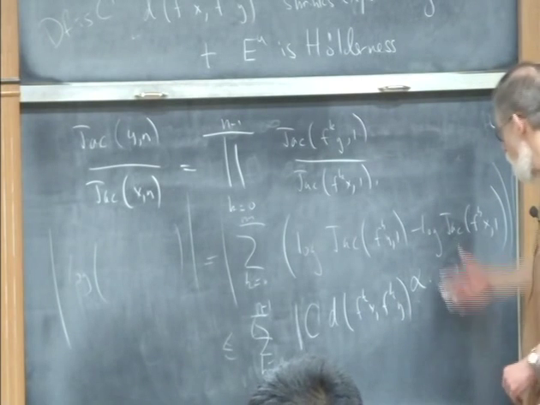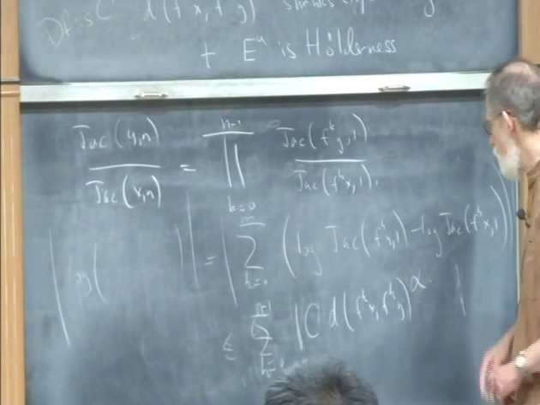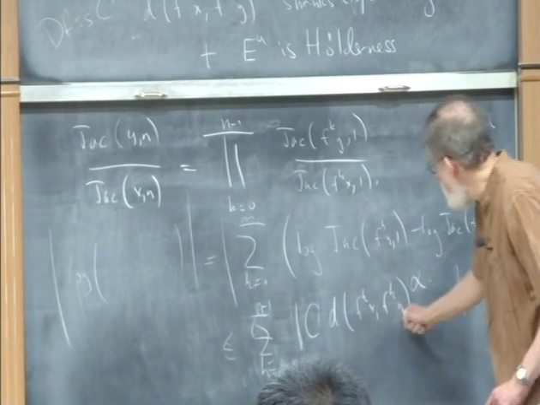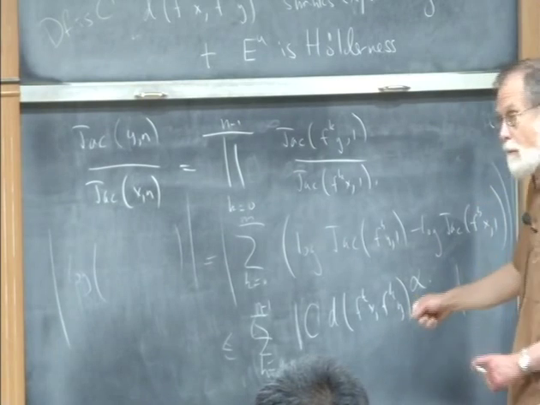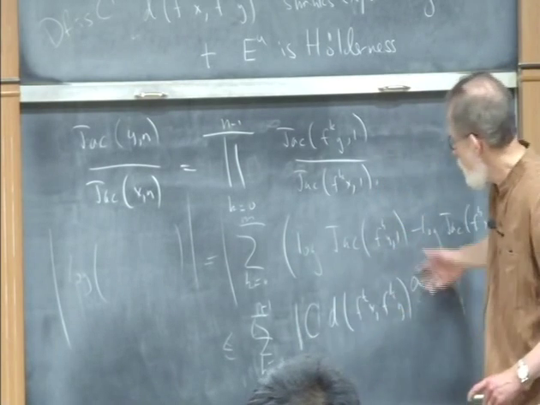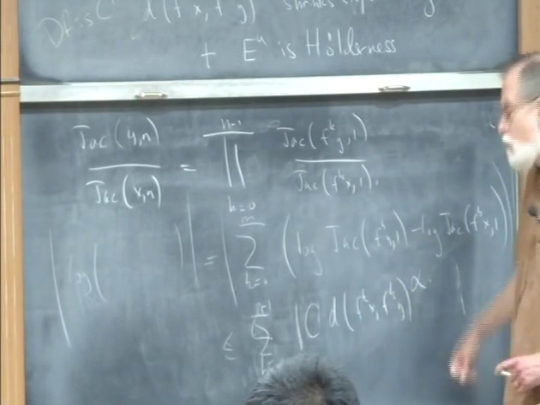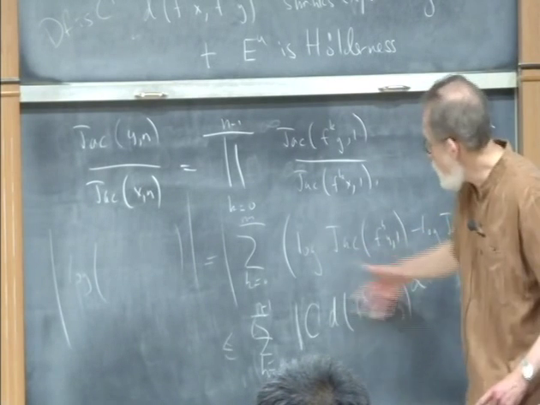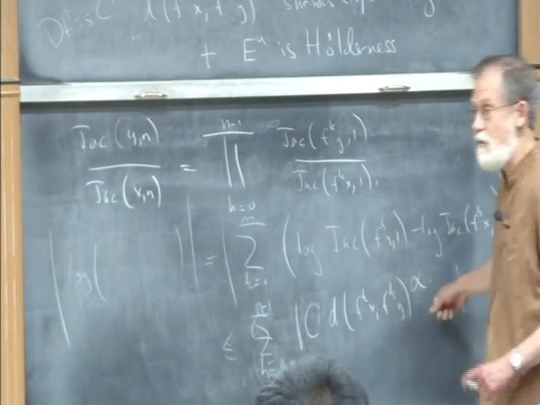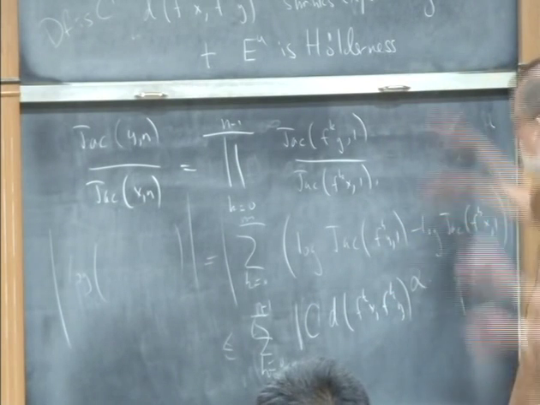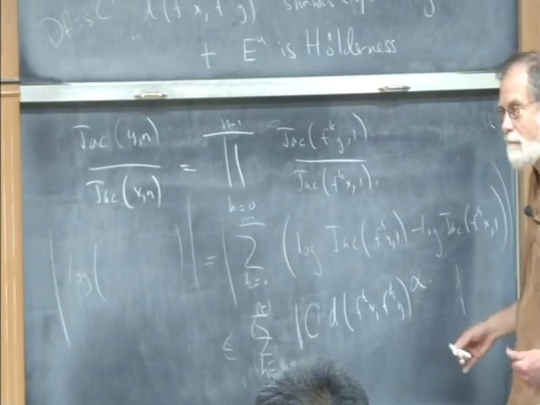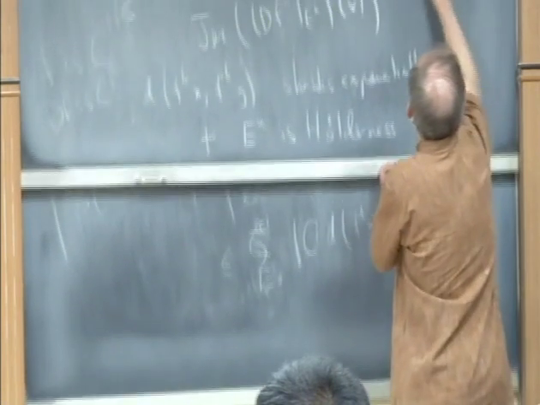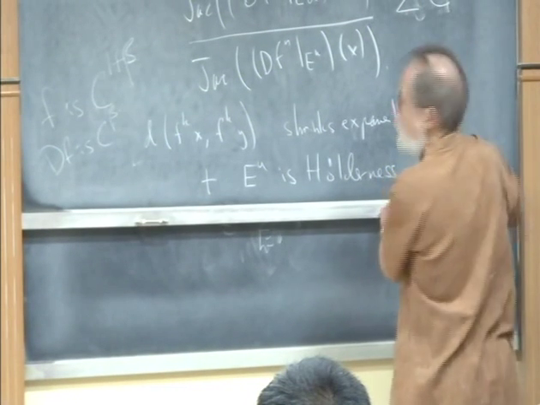And as long as alpha is positive, life is good. If this distance shrinks exponentially, I have the sum in terms of a convergent power series. So the worst I can get is the sum of the infinite series, which is finite. So approximately equal to 1 really means less than some constant.